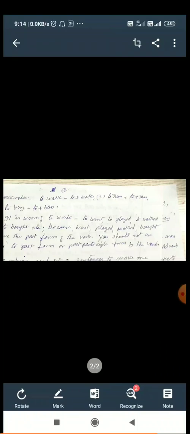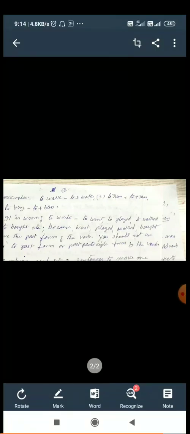Infinitive without to is called bare infinitive. So sometimes we will not use to with the infinitive.